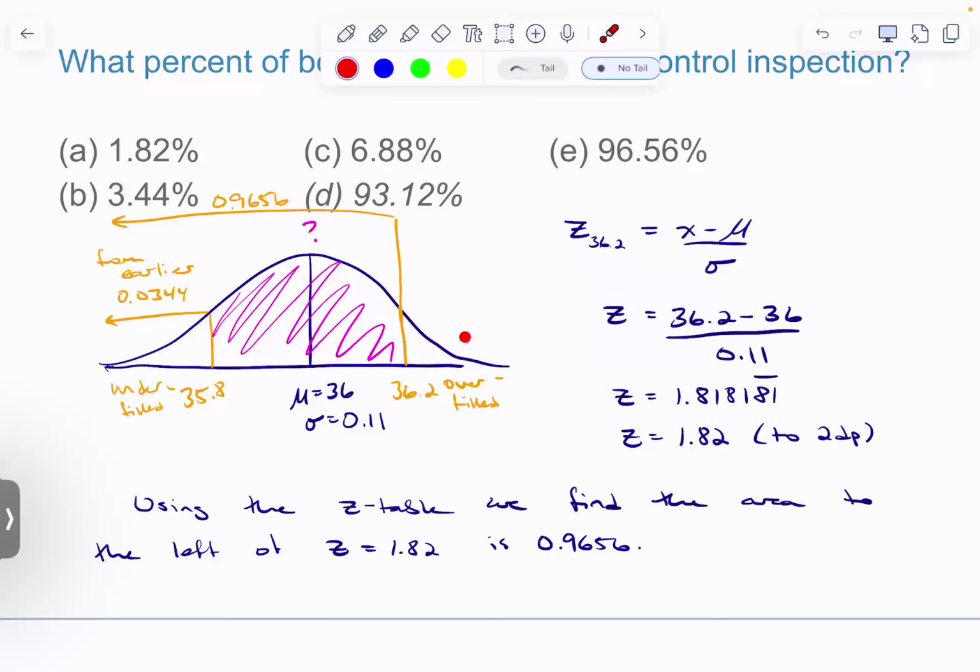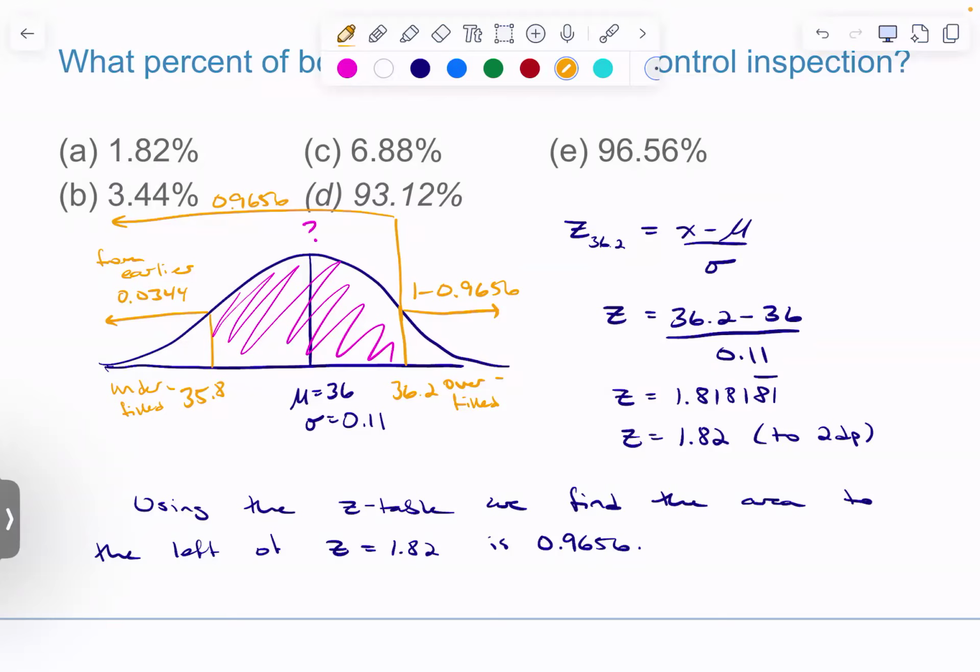If you wanted to find the area to the right, you know how to do that, right? In this case, we don't really need it, but we can. 1 minus 0.9656. I don't even need a calculator.